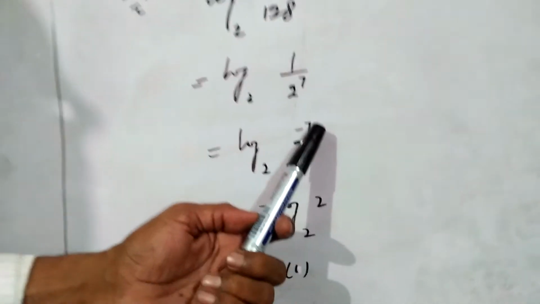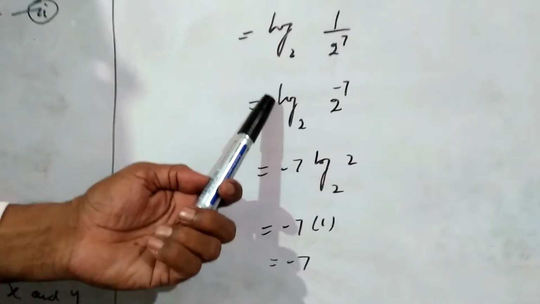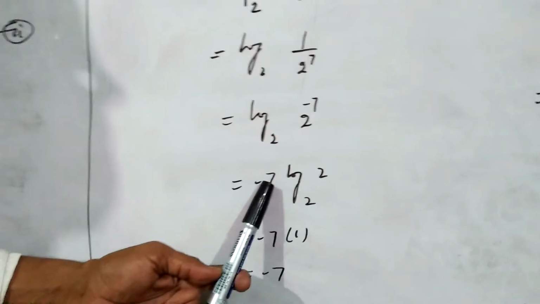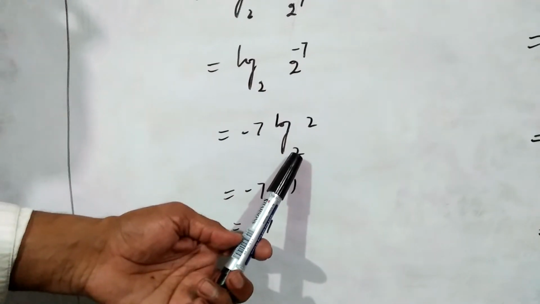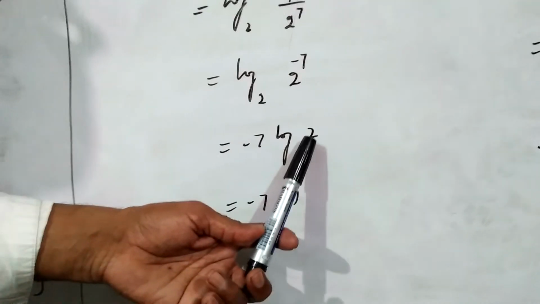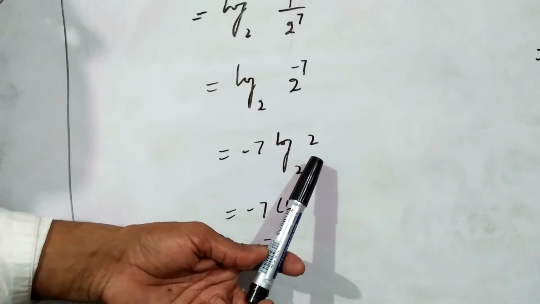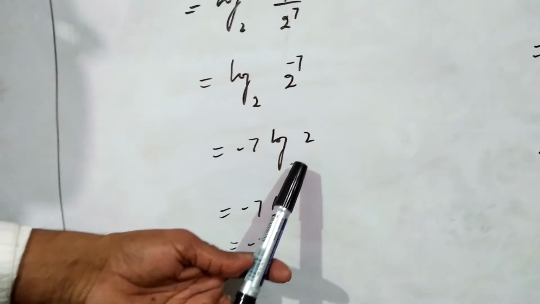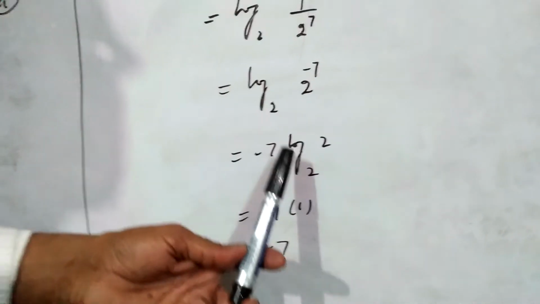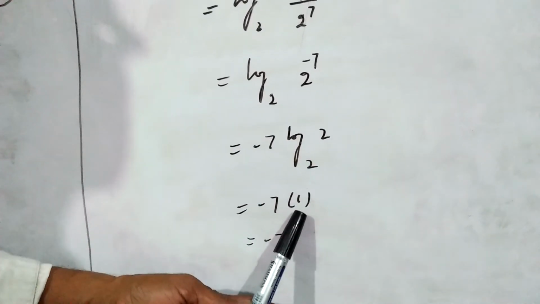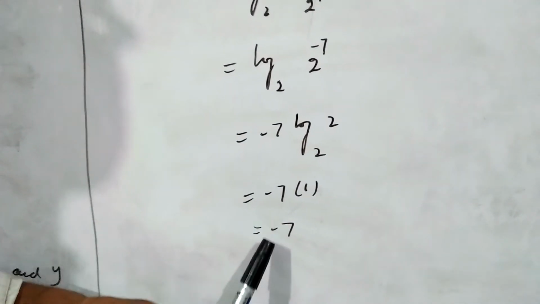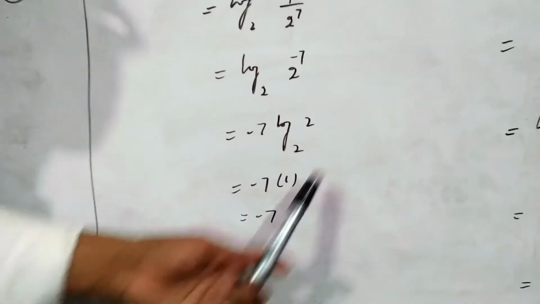So this power will be taken in front of log, and we get minus 7 log 2 base 2. As the number of which we have to take the logarithm is the same as the base, this factor is equal to 1. So finally we get minus 7.